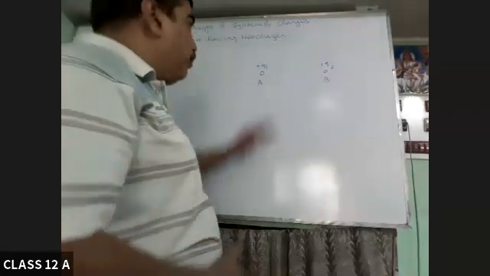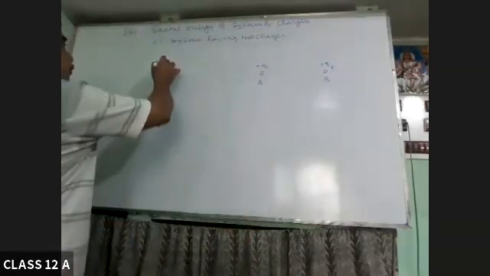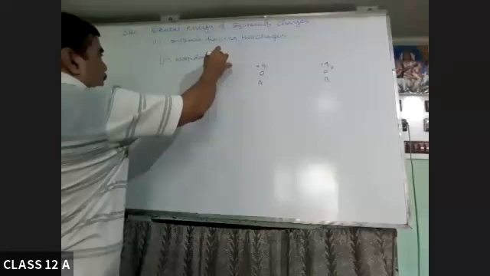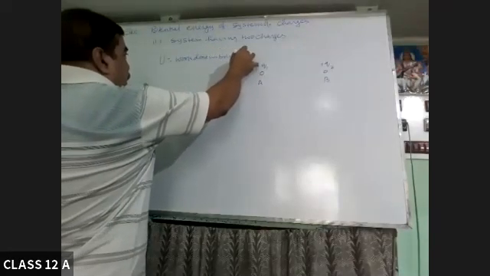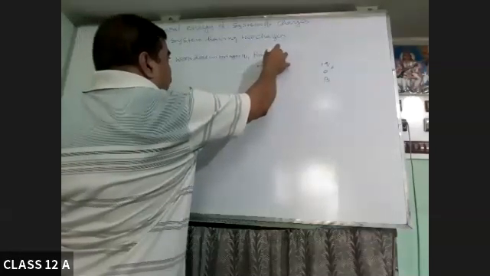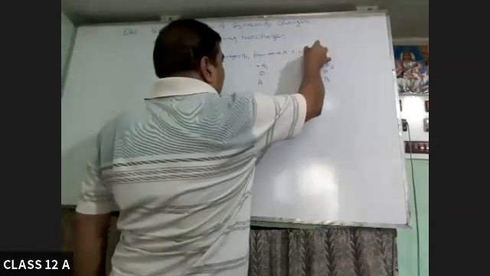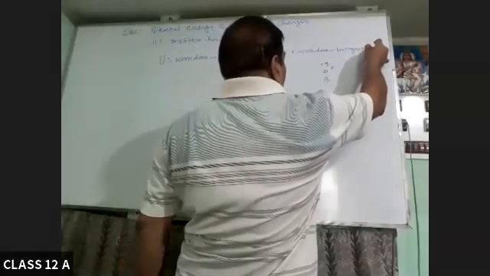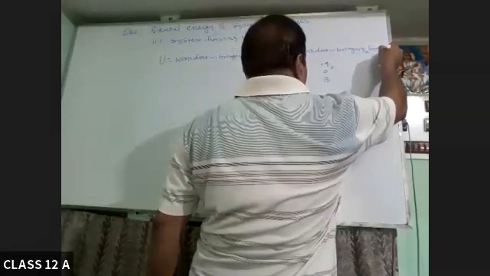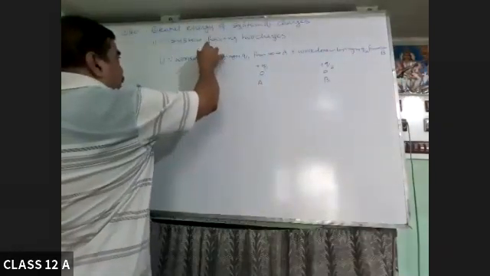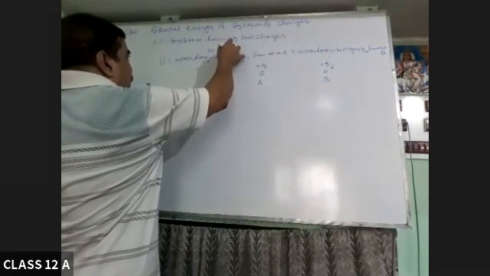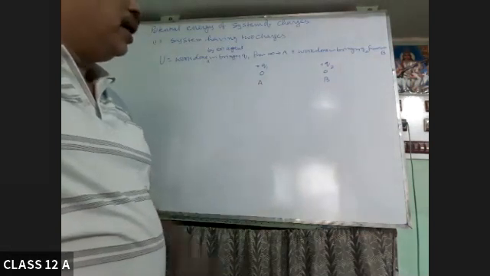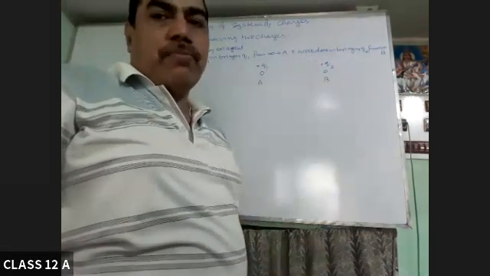So this potential energy will be work done in bringing Q1 from infinity to A plus work done in bringing Q2 from infinity to B. Of course, it is work done by external agent only. So total, how much work we have to do?